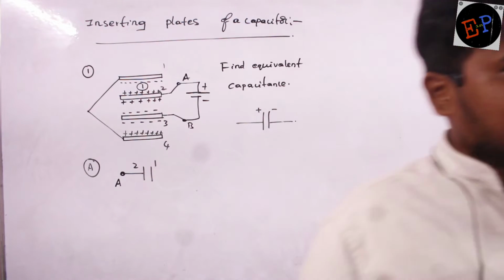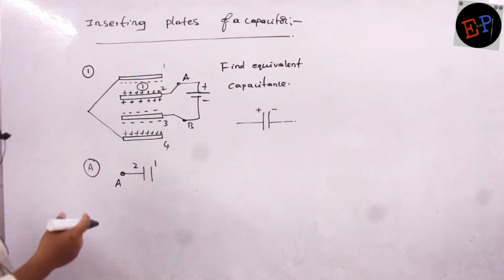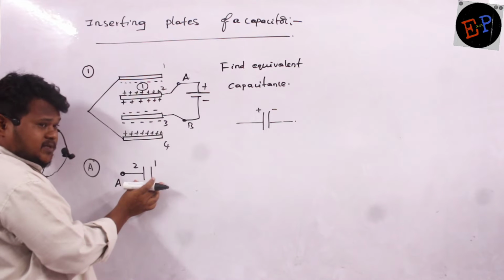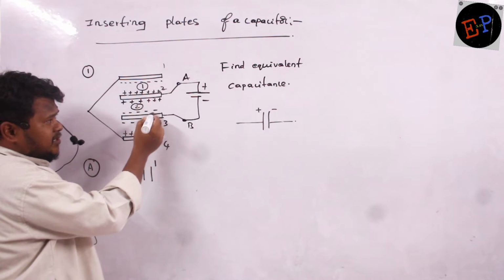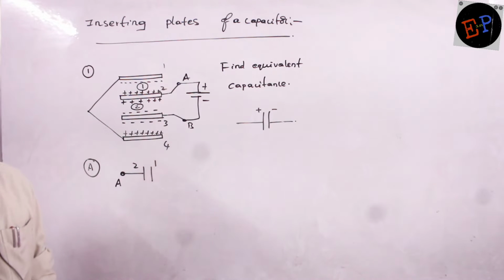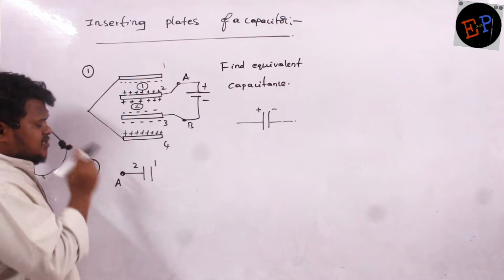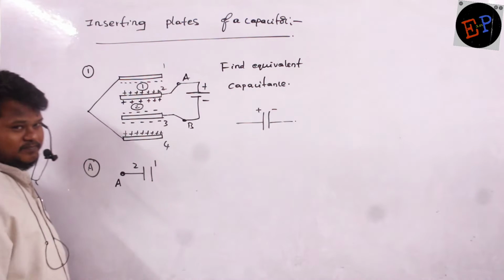Are you able to understand what I am saying? Clear, no? So 2, 1 is one capacitor. There is one more capacitor, the second capacitor, 2, 3, plate number 2 and plate number 3. That capacitor, shall I connect in series to 2, 1 or in parallel to 2, 1?